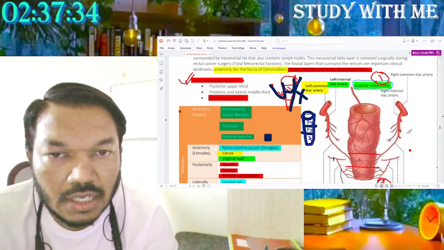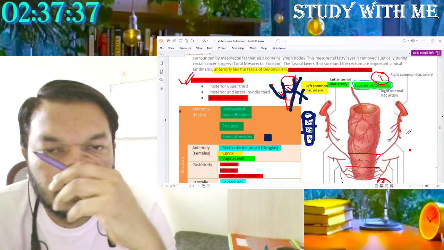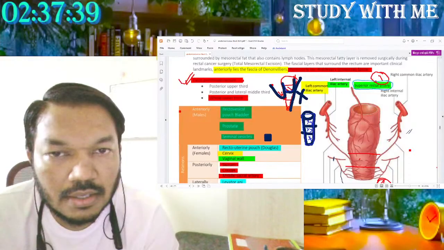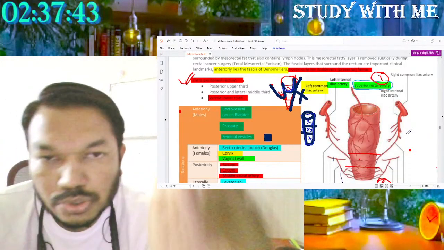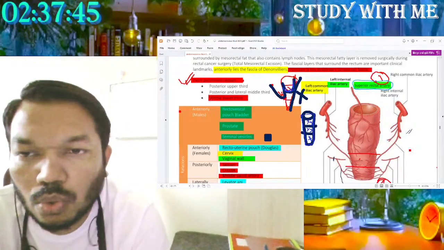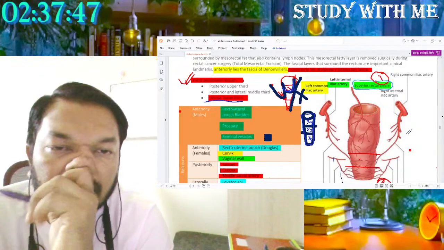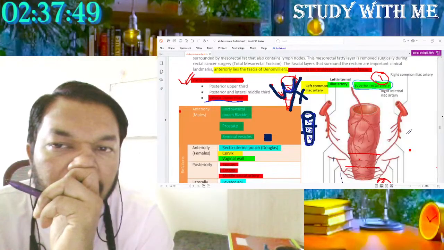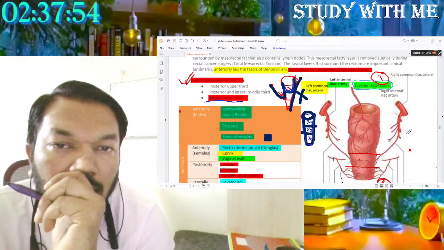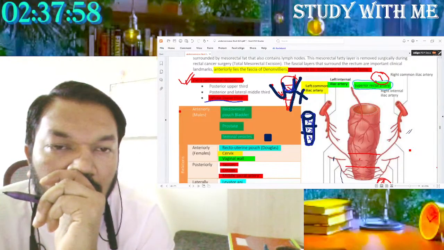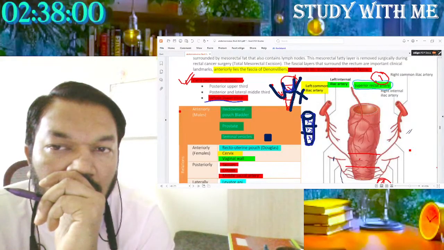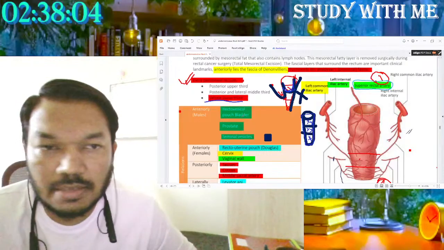Anteriorly it is covered by the peritoneum. Laterally it is one third, and posteriorly the whole lower third will be extraperitoneal.